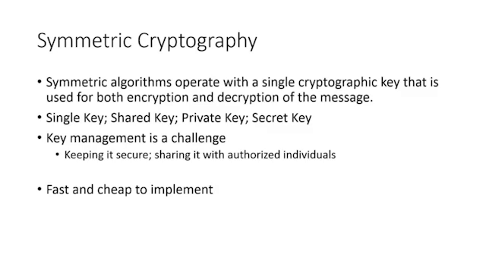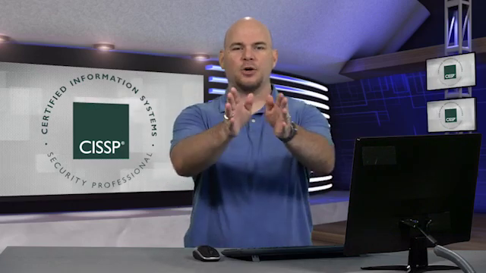That means we're using that key for both the encryption side and the decryption side. So let's say I've got a chunk of data here and I want to encrypt this before I send it to you so nobody can see it. I'll encrypt the data with a symmetric key, a single key, a shared key, or a secret key, a private key, all synonymous. So I can encrypt it and send it over to you.